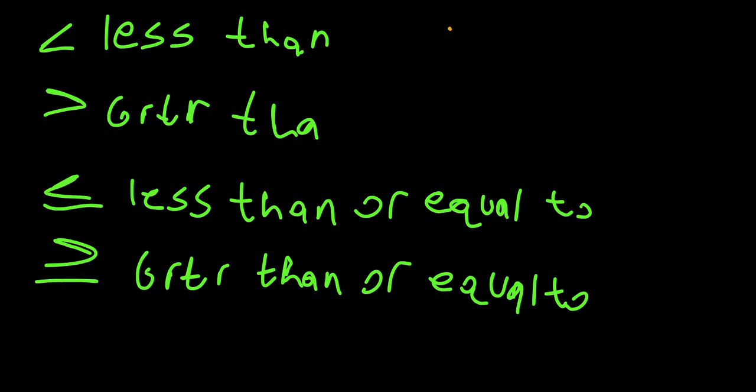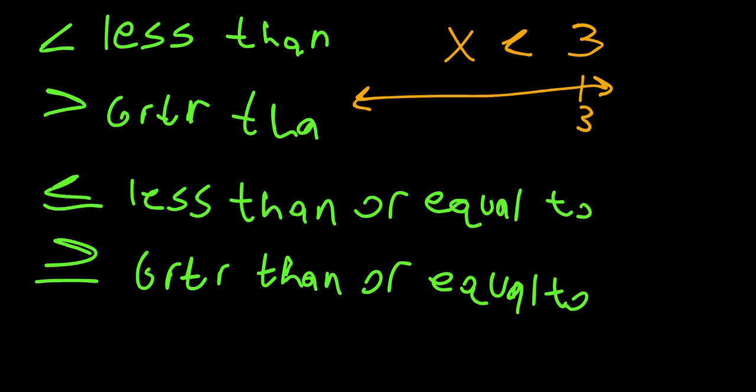When you see something like x is less than, let's say 3, what this is telling you is, if we mock up a number line here, let's say this is 3, and this is 2, and this is 1, this is 0, and this is -1, and it would continue onward.